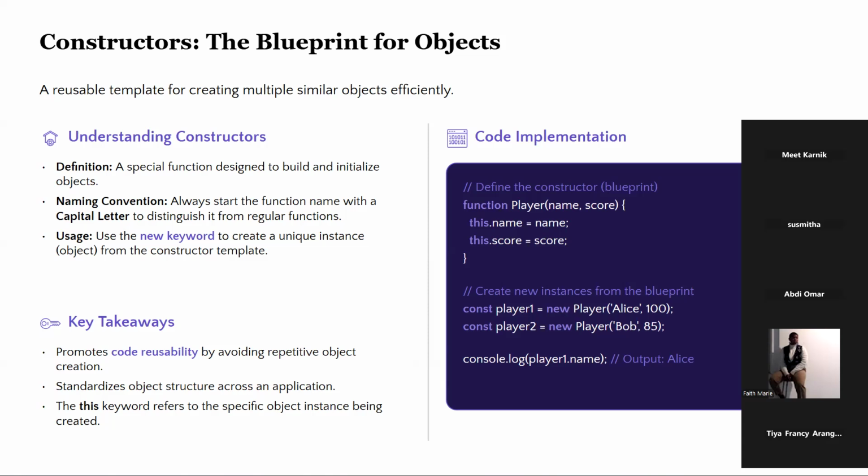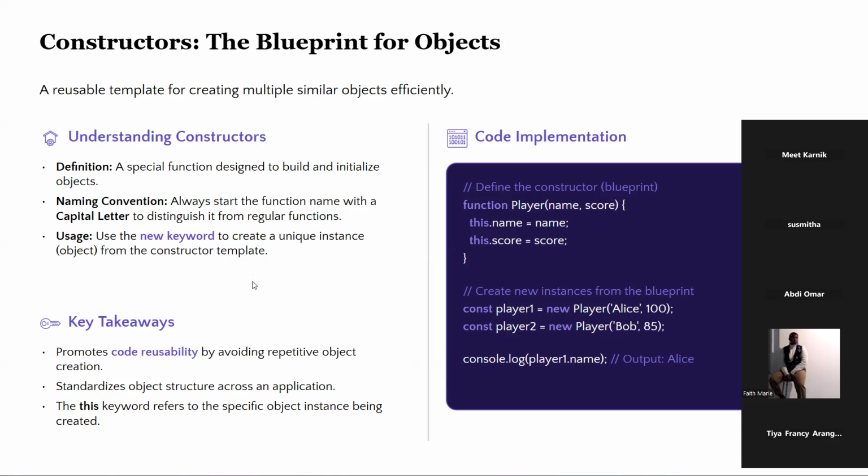objects as we can. Inside this constructor, this.name equal to name means that the new object being created will get its own name property. And this.score means the same object will also get its own score property. Then when we create new instances using the new keyword, JavaScript creates a brand new object and sets this to that object.